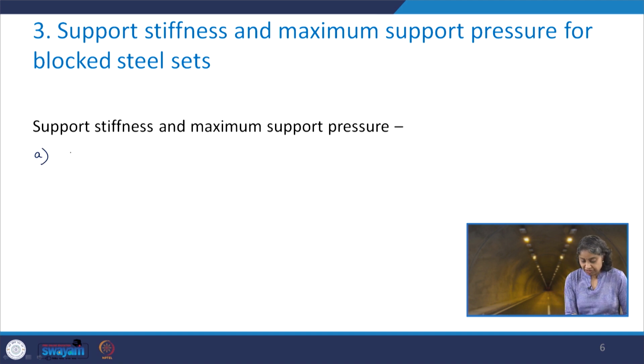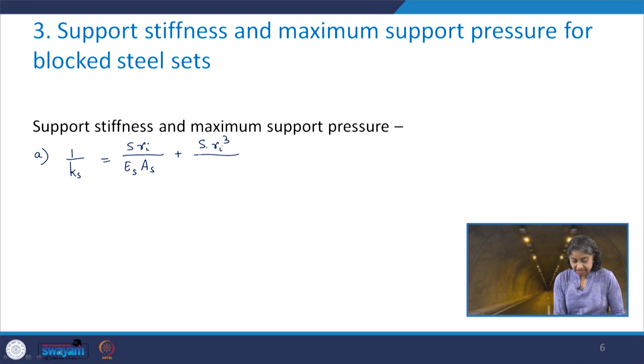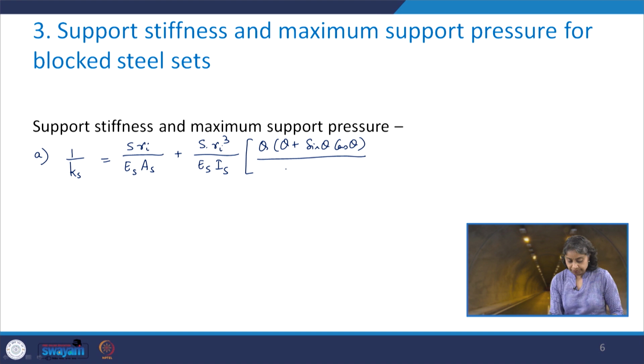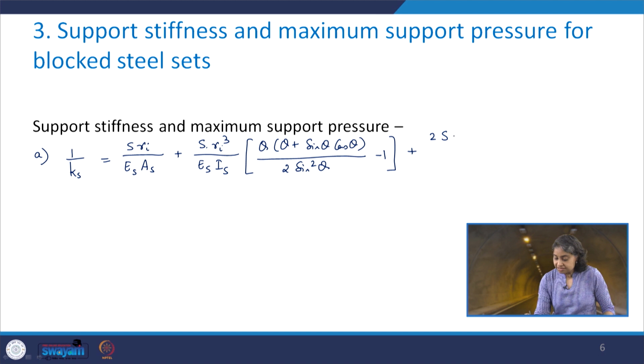The first step is with respect to the support stiffness, which is 1 upon Ks equal to S into Ri divided by Es into As, plus S into Ri cube divided by Es into Is, in bracket theta into theta plus sin theta cos theta divided by 2 sin square theta minus 1, plus 2 into S into theta into TB divided by EB into W square.